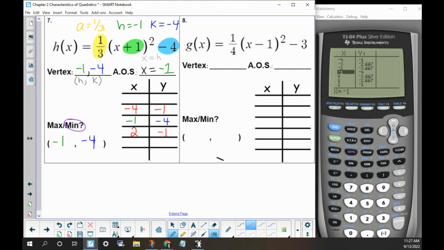Because what I'm looking for here are y values that are not decimals.